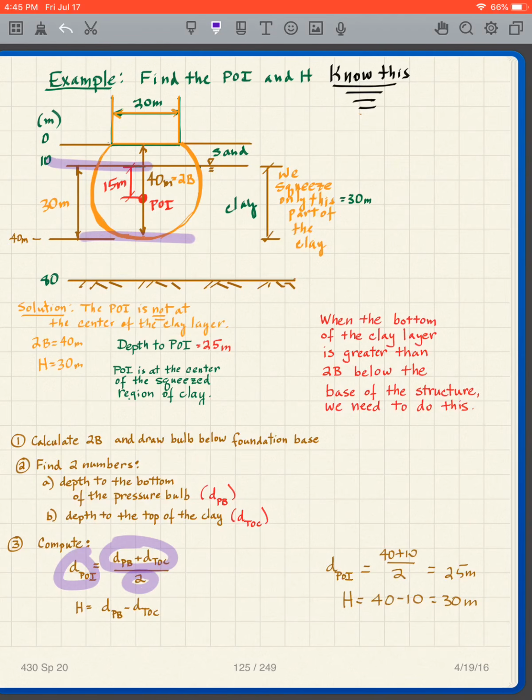That's going to give us the depth to the point of interest. And then my H is going to be the difference between the two. So it's 40 minus 10, because all I want is that distance H.